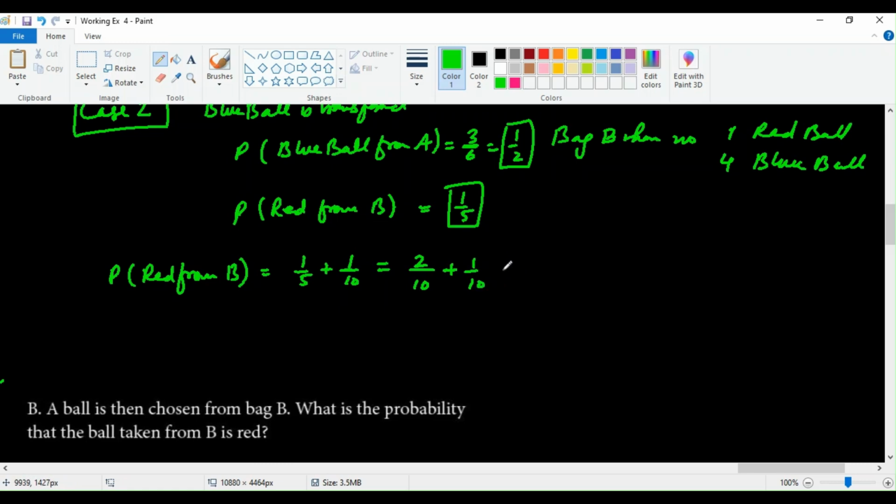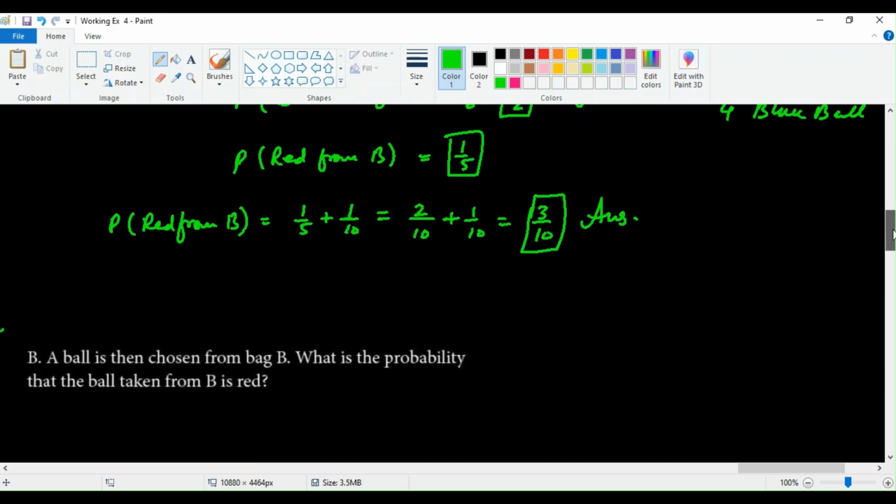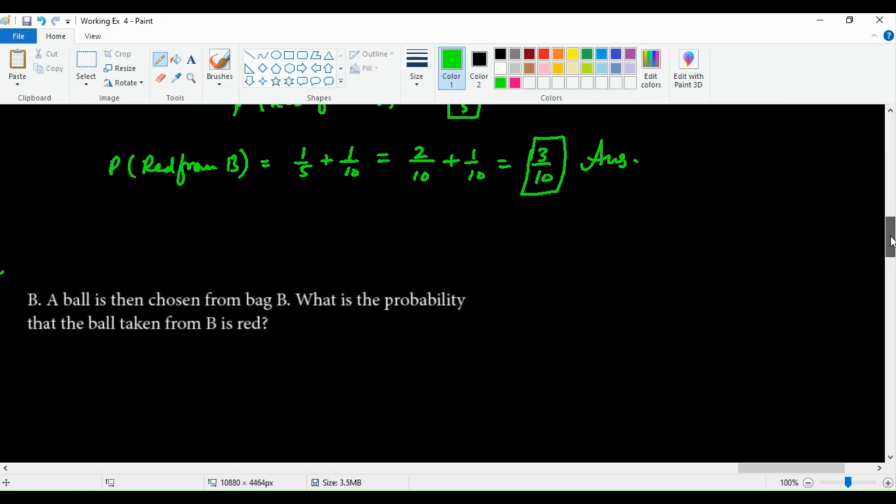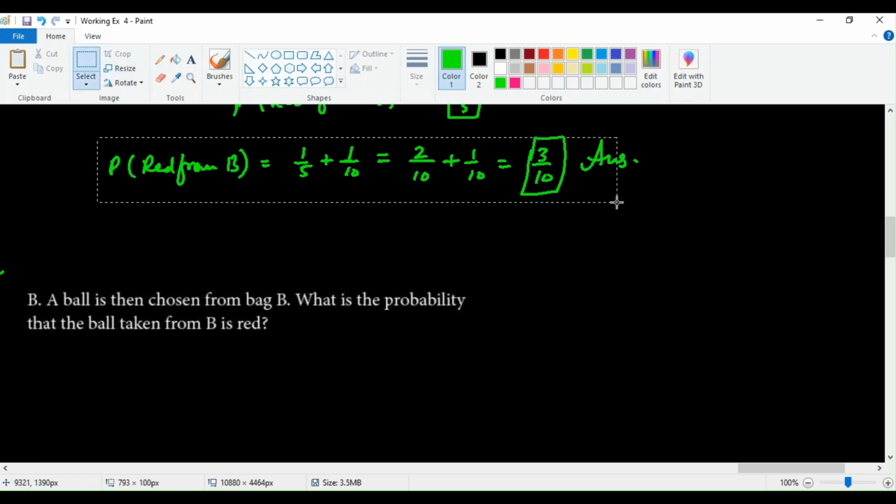So ultimately the final answer for this one is going to be 3 over 10. This is the answer for this part of the question.